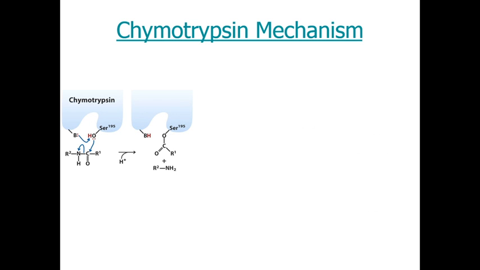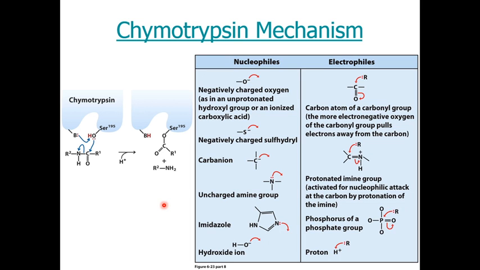Let us consider the chymotrypsin mechanism. And shown here is a simplistic mechanism of this reaction. To understand the detailed mechanism, we'll have to refresh our organic chemistry knowledge. And to understand that, let's look at how one can draw chemical mechanisms.